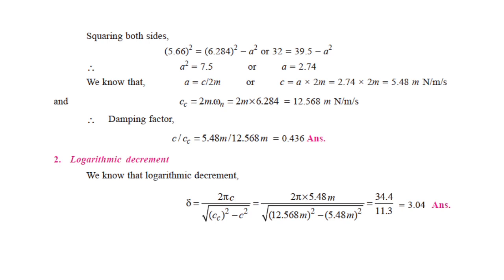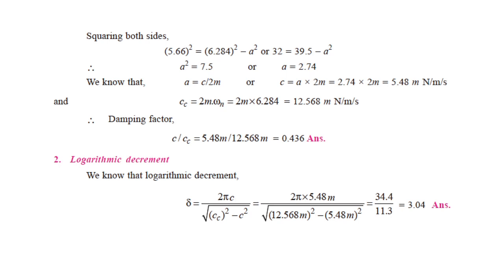Therefore c is equal to a into twice m. We will get the value of constant c, that is the damping coefficient, as 5.58 into m. We have it in terms of mass, because mass is unknown here. We also know the formula of Cc, the critical damping coefficient, is equal to twice m into omega n, where omega n is known but the only unknown is m.